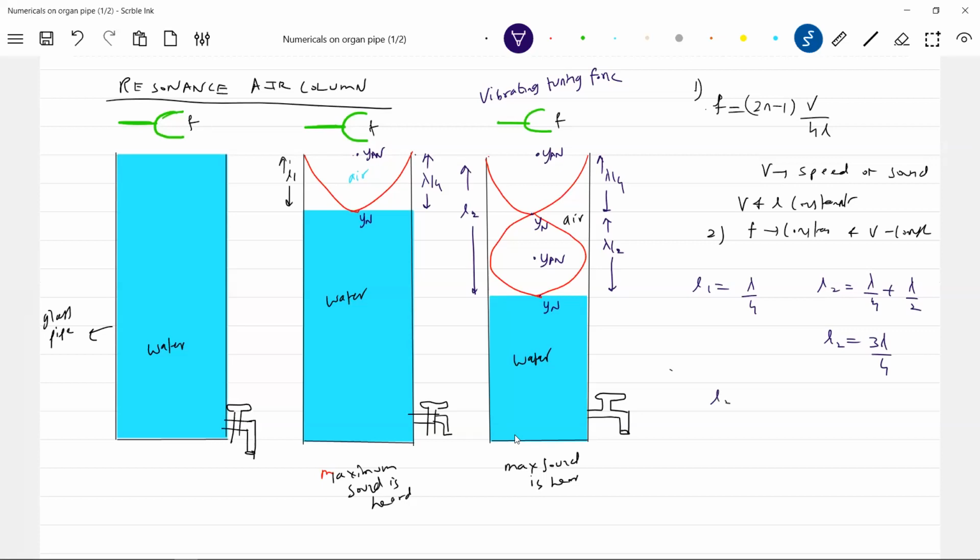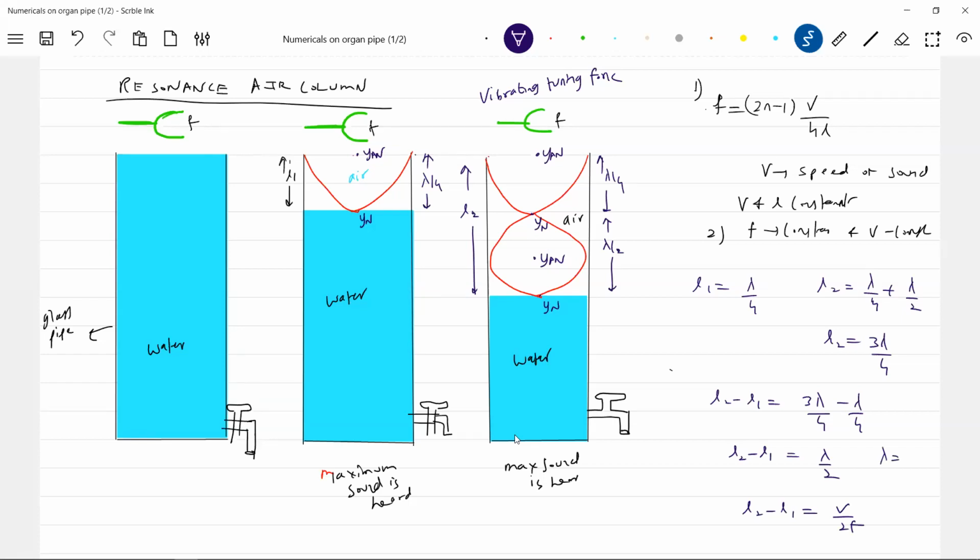Then let me take L2 minus L1: 3 lambda by 4 minus lambda by 4. This should be equal to how much? Lambda by 2. What is lambda? Lambda is V by f.